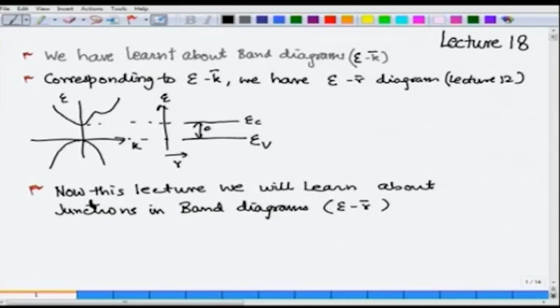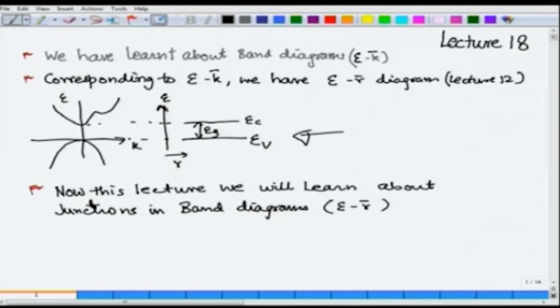This was the EG, which is the band gap in this material, and this is what we had done in lecture number 12. And then from this point on, we started deriving the carrier statistics, equilibrium carrier statistics, and we went up to carrier freeze out in the previous lecture.